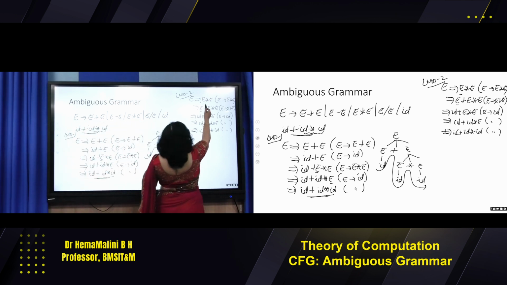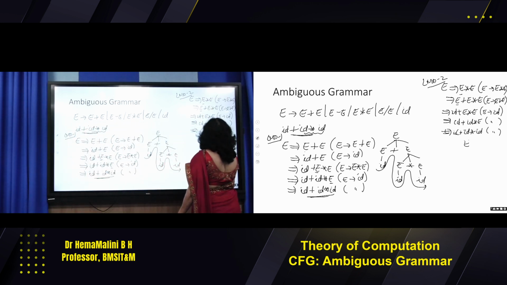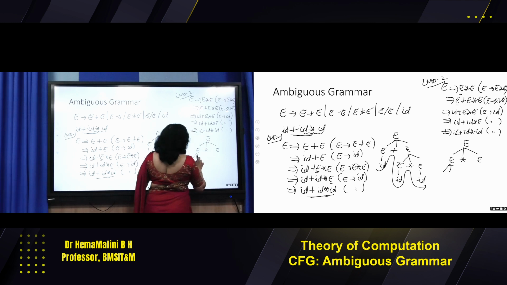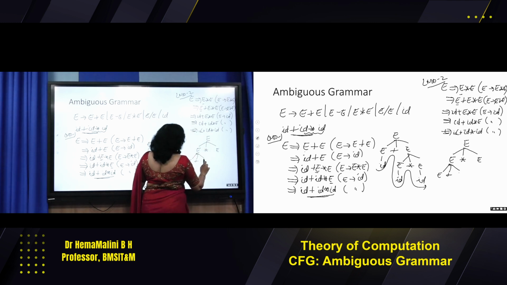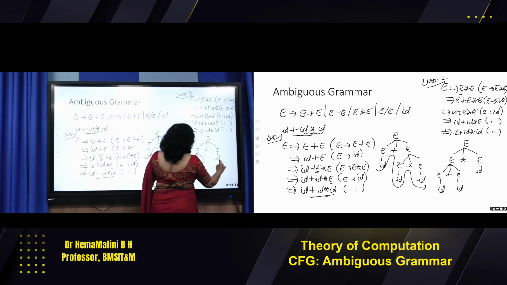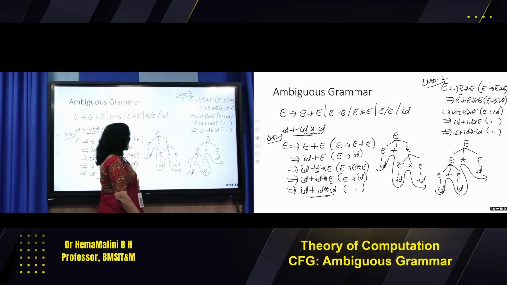Now let us make a parse tree for this. E produces E star E, then the first E produces E plus E, E produces ID, E produces ID, E produces ID. So, ID plus ID star ID.